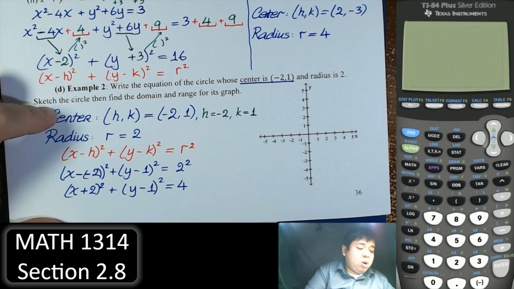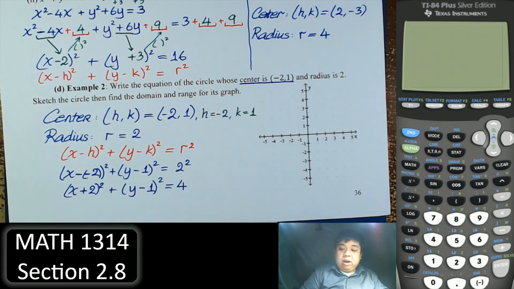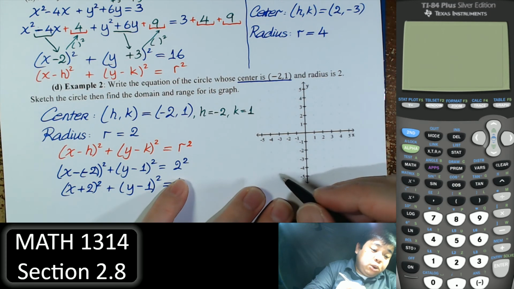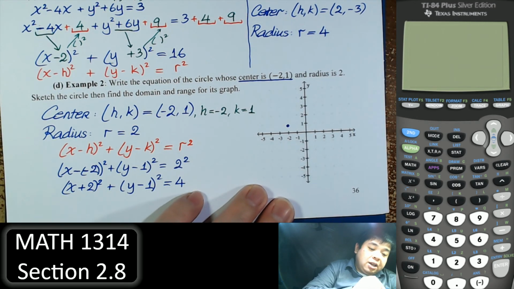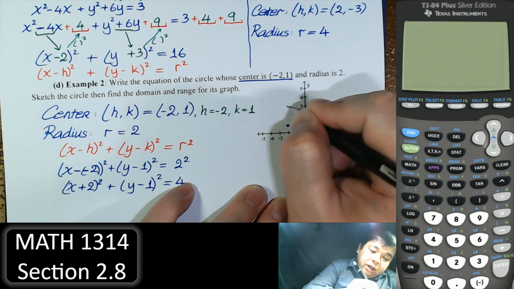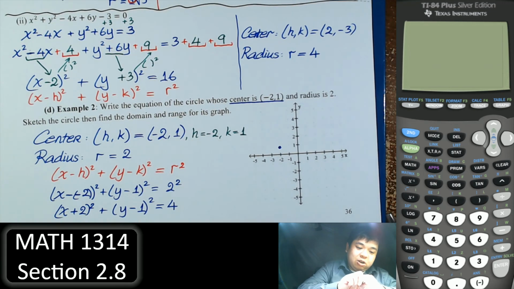On this question, they ask us to sketch the circle and then find the domain and range. The center is at x equal to negative 2, y equal to 1, so the center is here. The radius is 2, meaning we go every direction 2 units. So just try to sketch a circle.